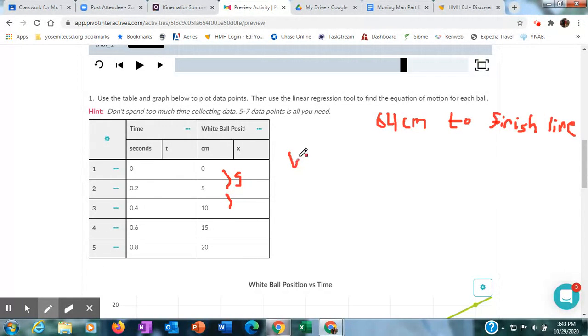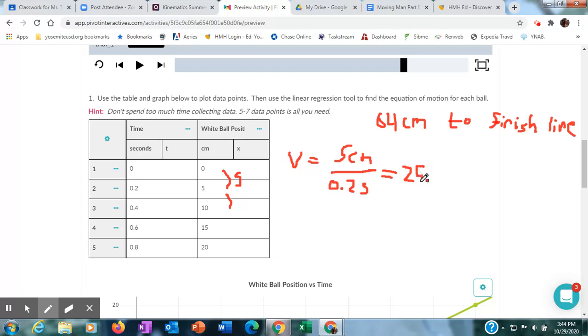So my velocity is going to be a distance of 5 centimeters per 0.2 seconds. Now if you want to enter in your calculators, what is 5 divided by 0.2? It gives me 25.